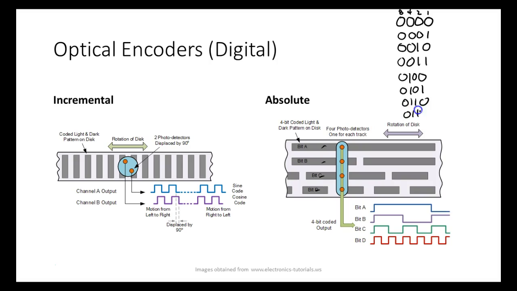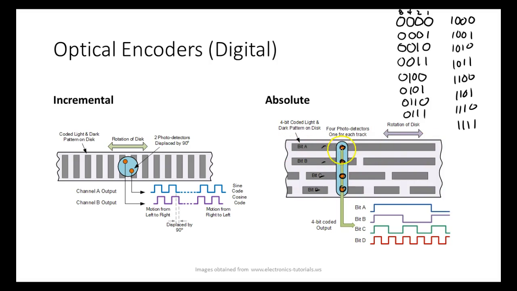This would be 7. This would be an 8. This would be a 9. This would be a 10. This would be 11. This would be 12. This would be 13. This would be 14. And this would be 15. So there's our 16 combinations, including 0. So what that means is every one of these we have these sensors right here. They're usually optical.